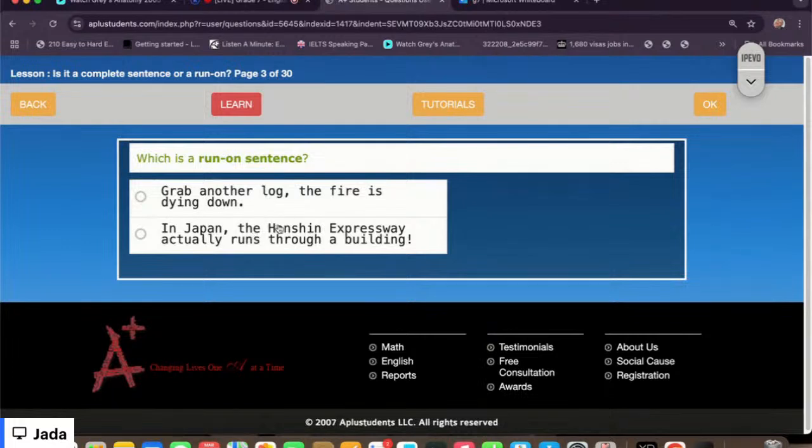Alright, so which is a run-on? Grab another log, the fire is dying down. In Japan, the Hanshin Expressway actually runs through a building. What's the run-on sentence here?